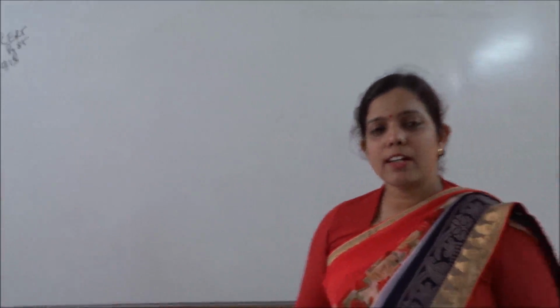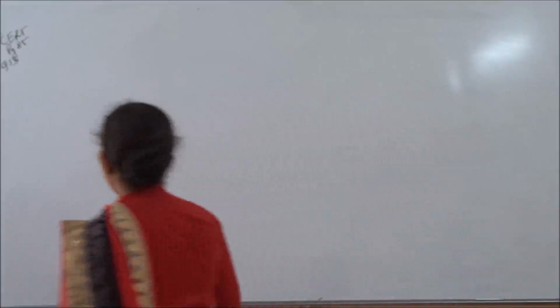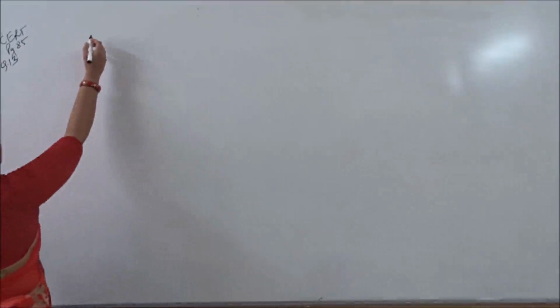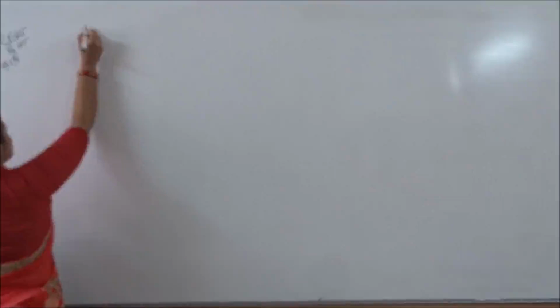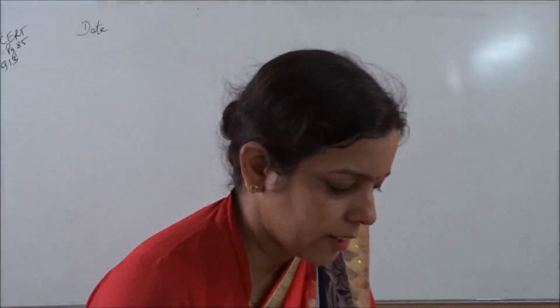We have to journalize the transactions. So let us make the journal. What is the format of the journal? Date, in the date column you have to write the date.